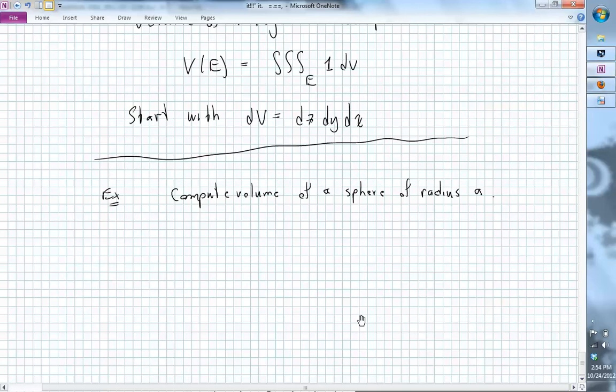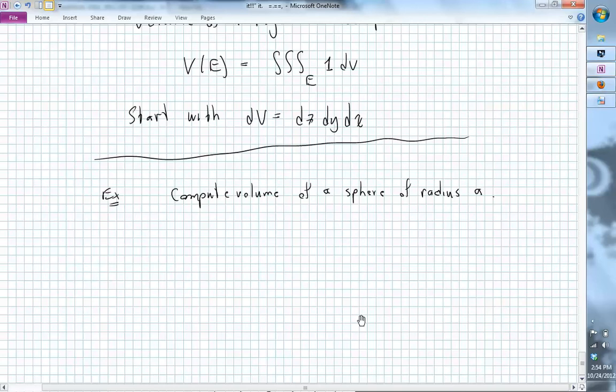So we've decided to go dz, dy, dx. So what I want to do is first ask myself, where is z trapped? Where's the lower limit of z and where's the upper limit of z when you're inside of a sphere? Well, you can go from the bottom hemisphere to the top hemisphere.